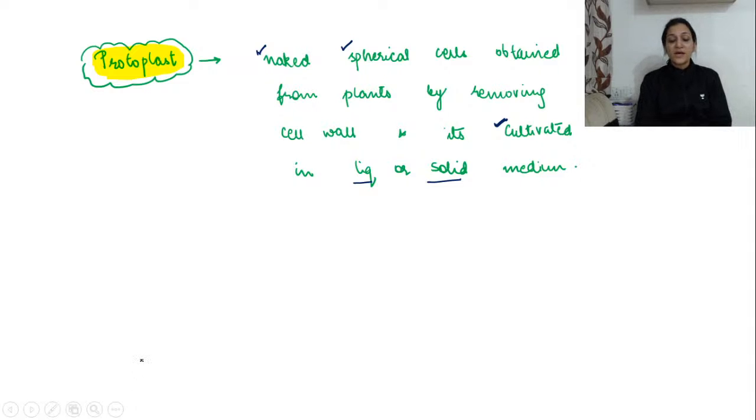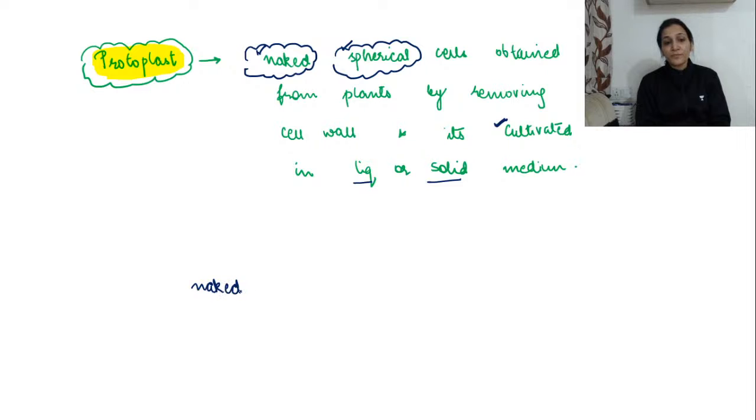Now protoplasts are the cells of which the cell walls are removed, and the cytoplasmic membrane is the outer membrane. So if we are saying that protoplast is naked, see this word naked, and we are also saying that it is spherical, two words we are saying. Naked we are using for no cell wall, but cell membrane present.